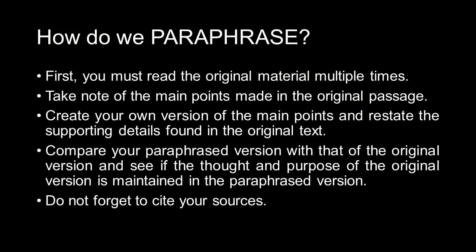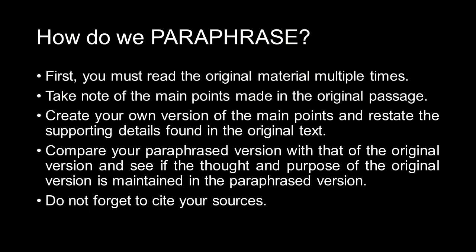Well, there are 5 steps presented, and it begins with you reading the original material multiple times. Again, as mentioned in lesson number 2, it is important for you to be able to get a good understanding of the original material, and that can only be done when you have read the material multiple times. Okay?